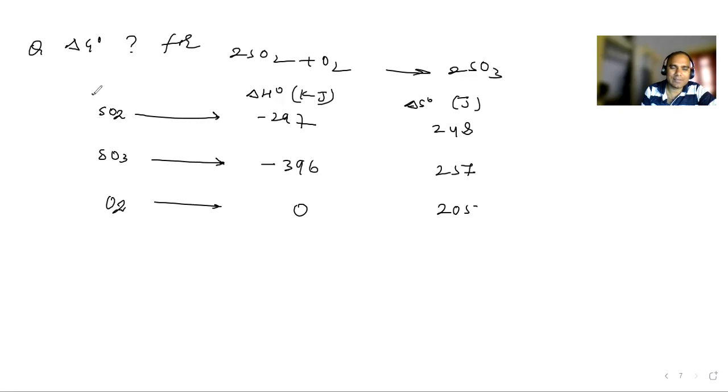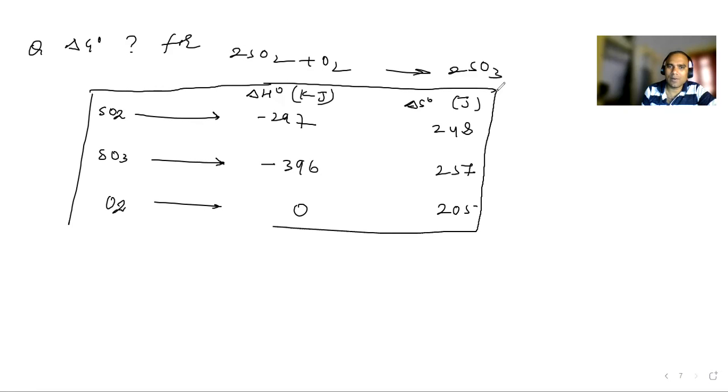Now they are asking for delta G. Now we start solving. The same formula I think you need to use.